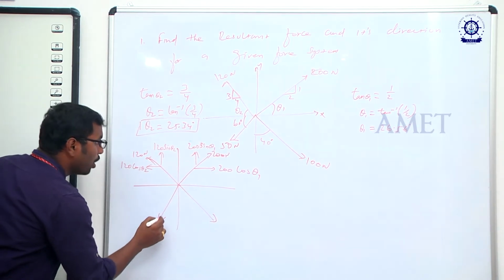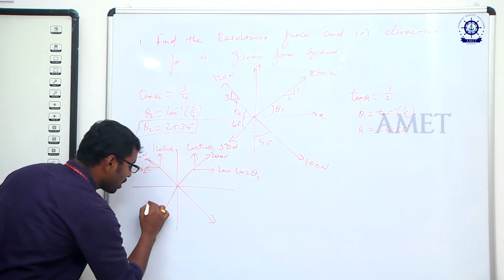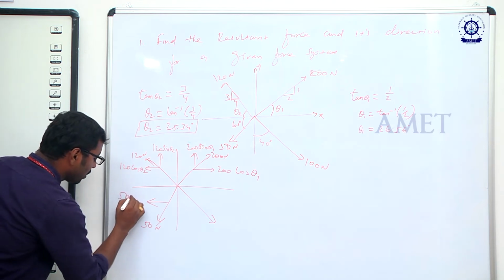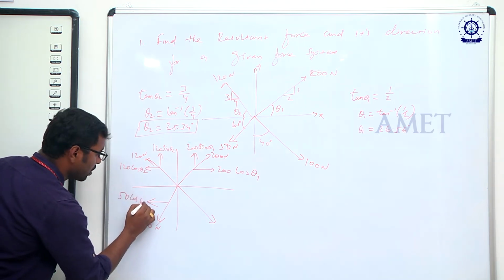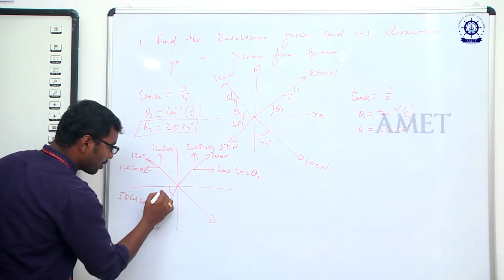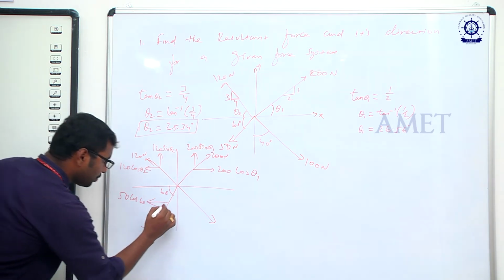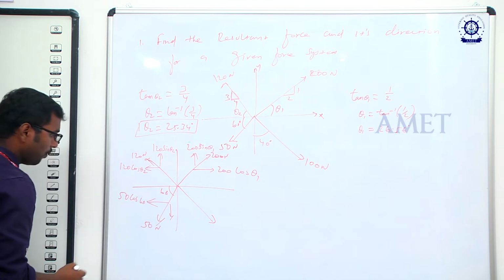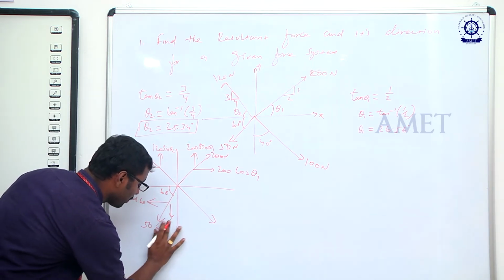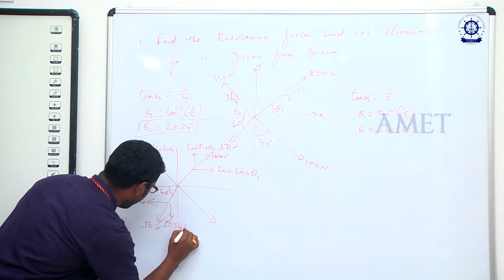And here the magnitude of this third force is 50 Newton. So, the horizontal component of this third force is 50 cos 60 degree, because the angle between the horizontal axis and the force is 60 degree, and the vertical component of this third force is 50 sin 60.